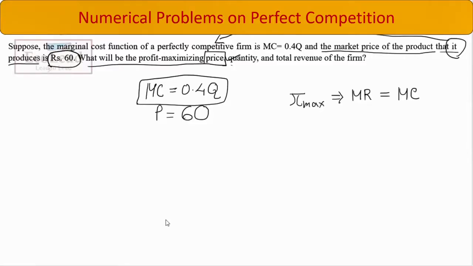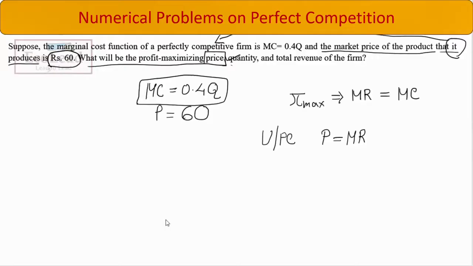Under perfect competition, we know that the price is equal to the marginal revenue. Why? Because if the firm wants to sell one additional unit, the revenue he can earn is nothing but the price, since he will sell that additional unit at the market prevailing price only.